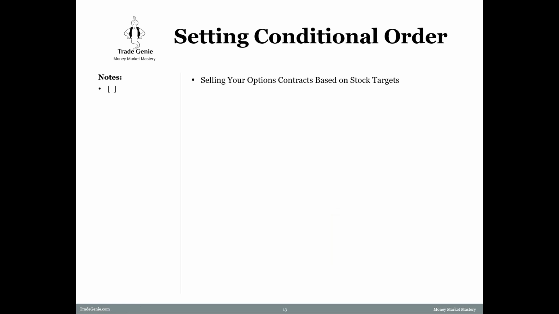Now there is another thing called a conditional order. You can set a conditional order. People ask why you provide the stock target, why you don't provide the option target. I don't know what the option price will be because I'm trading a stock. I'm just using options, but looking at the stock target. So if the stock is trading at 35, my target is 39. So I see a $4 target.